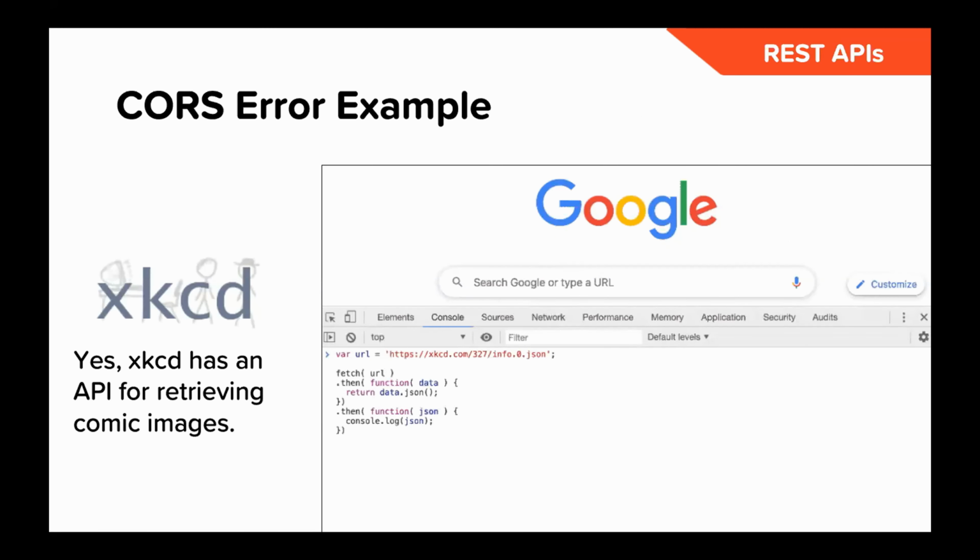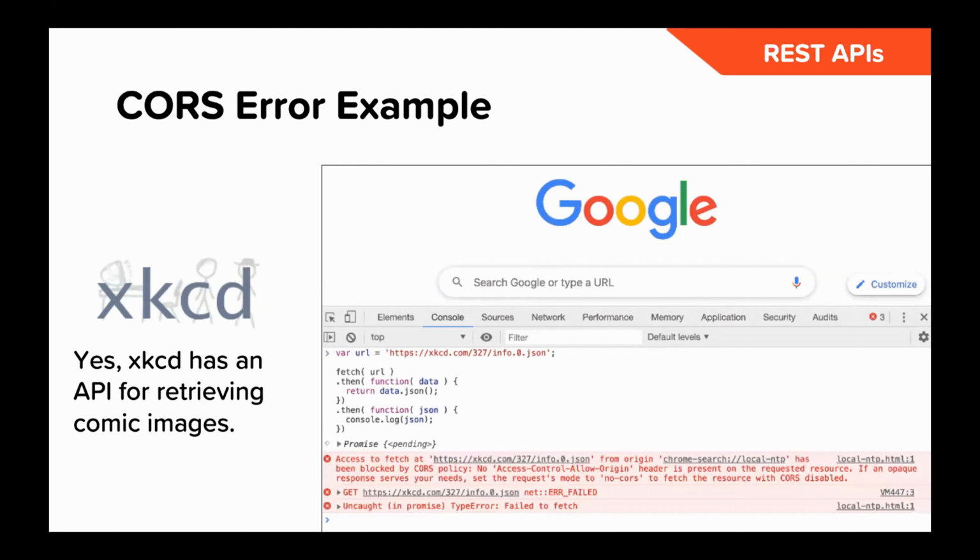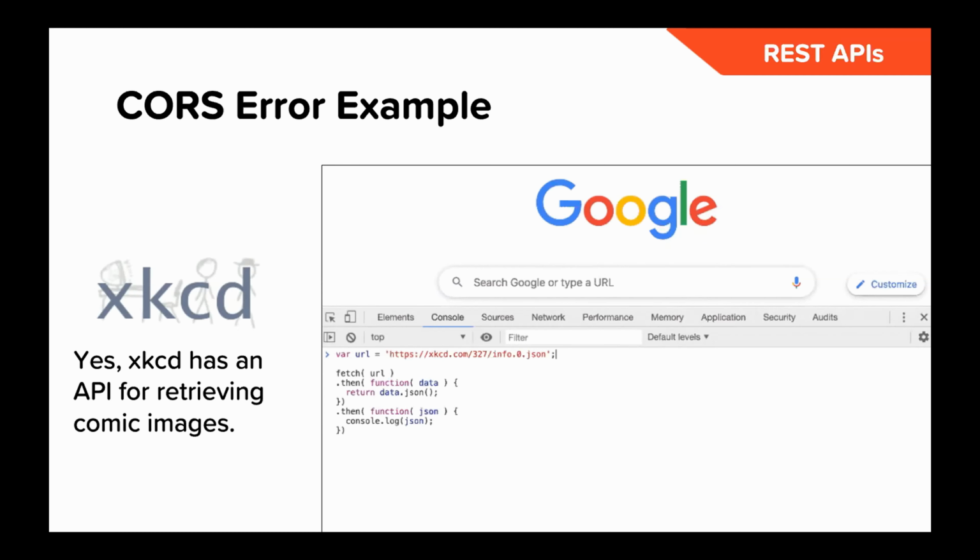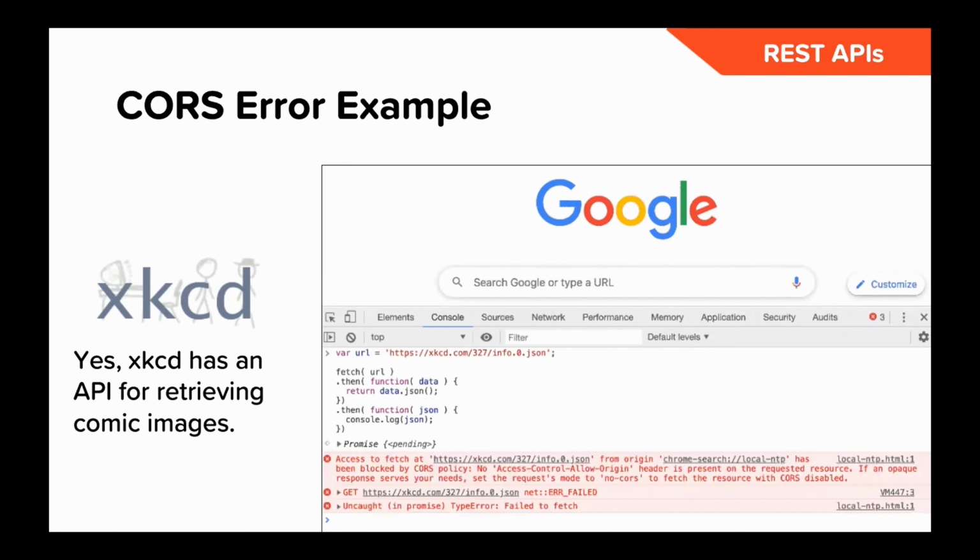Let me give you an example. Okay, so here we are on google.com, and I just wrote some code in the console that is telling the computer to call, from google.com, XKCD, a very famous webcomic website. And access is denied. That in fact is what you would expect, right?